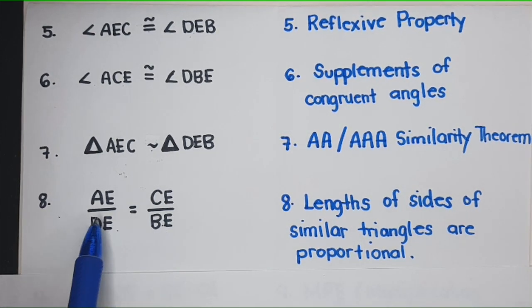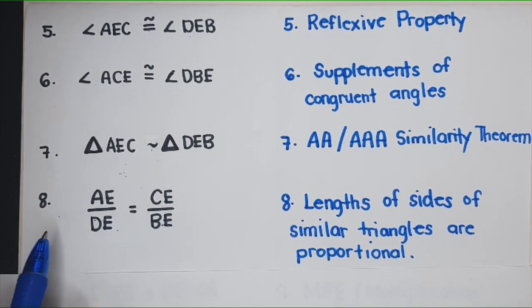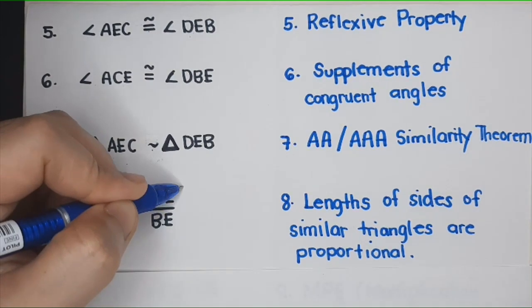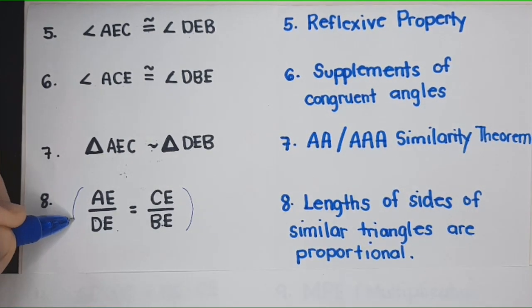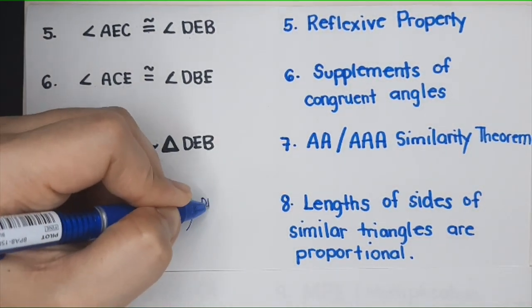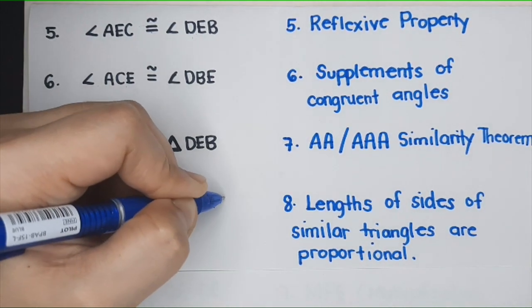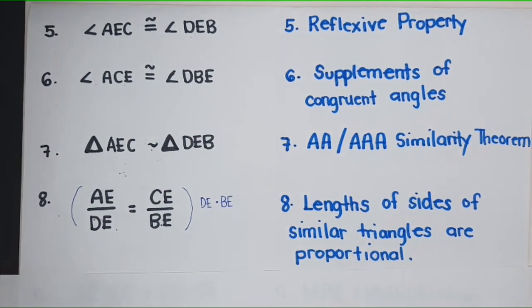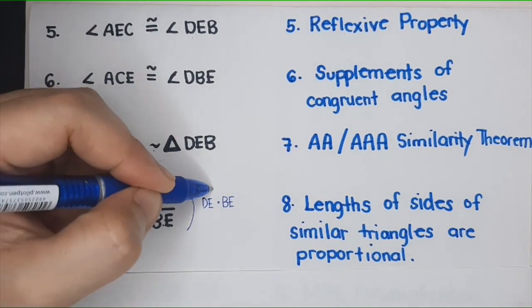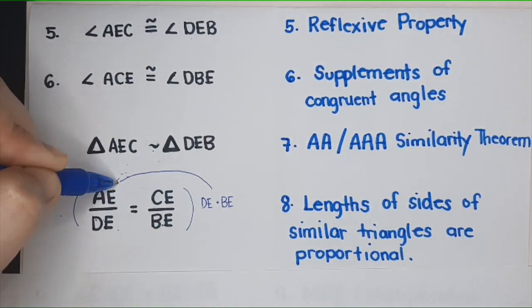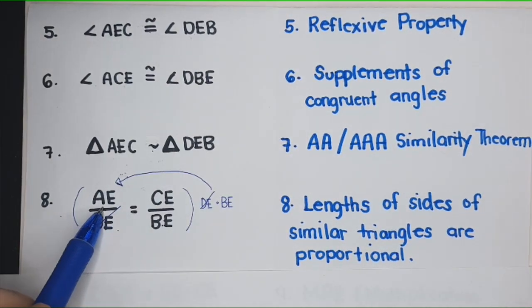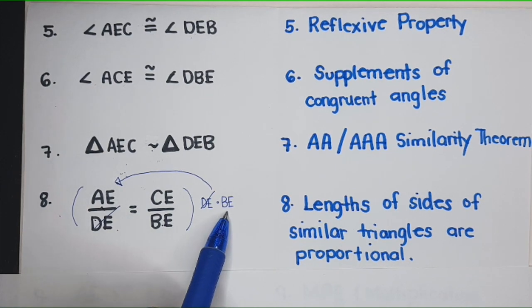We multiply both sides of the equation by BE times DE. You imagine that you multiply both sides by the length DE times the length of side BE. Kapag dinistribute ko siya dito, magka-cancel ang DE. You're going to have AE times BE.